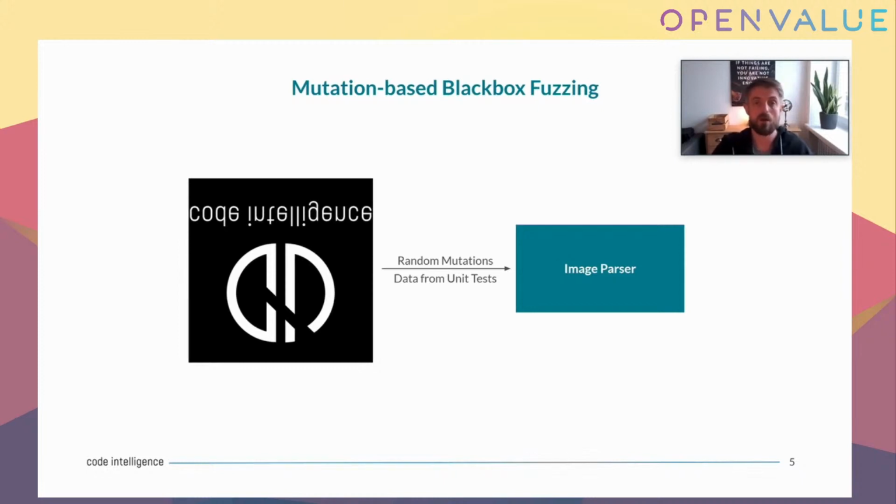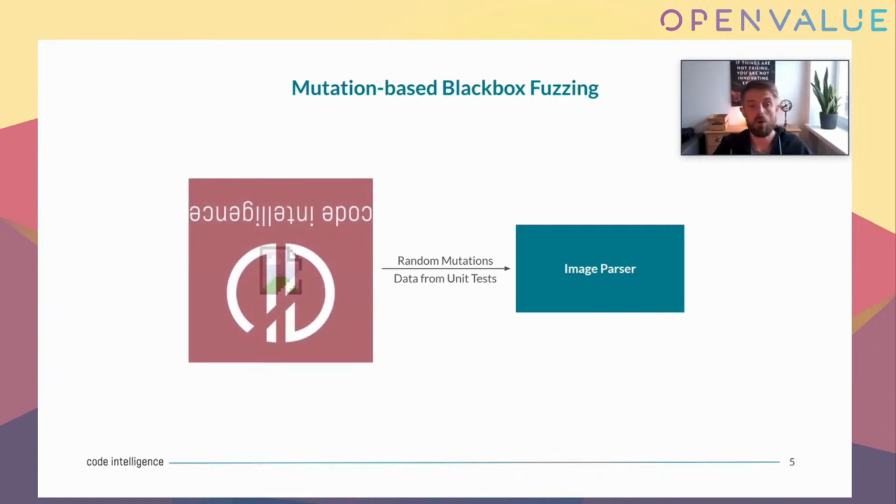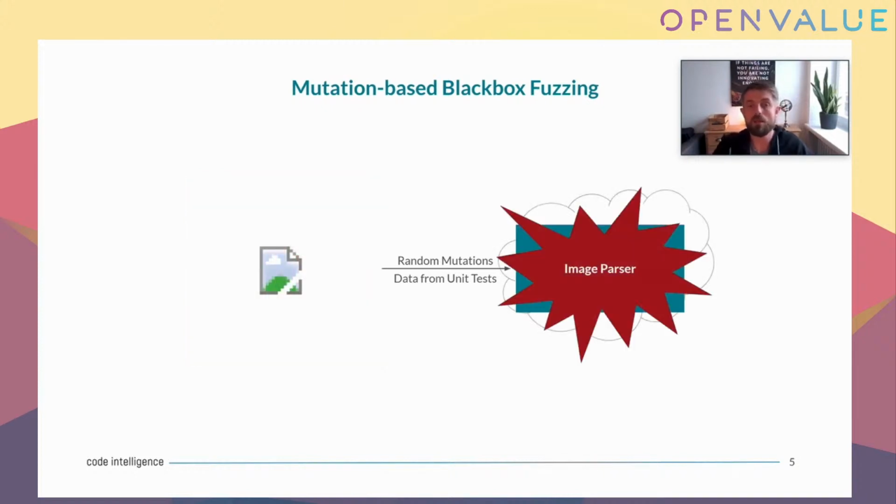You just switched the direction, how you produce the image, or you break it again, or you change the color. So there might be a lot of random stuff, random mutations going on in there. And the goal is basically to find a lot of states and crashes in the application. Again, if you found a crash, you want to fix it.